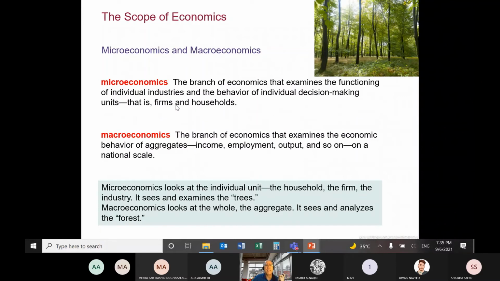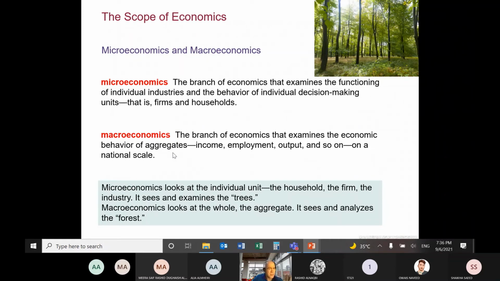For example, here, Salim purchased 5 kilos of tomatoes worth 25 dirhams. But here we will talk about aggregate consumption, spending by all households in a year to buy different goods and services.